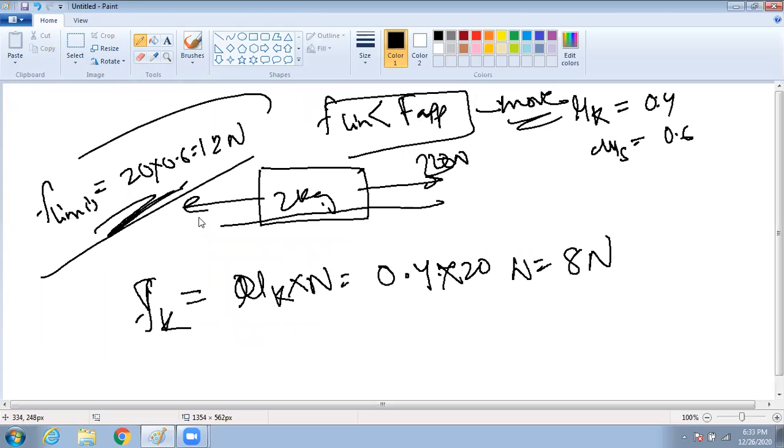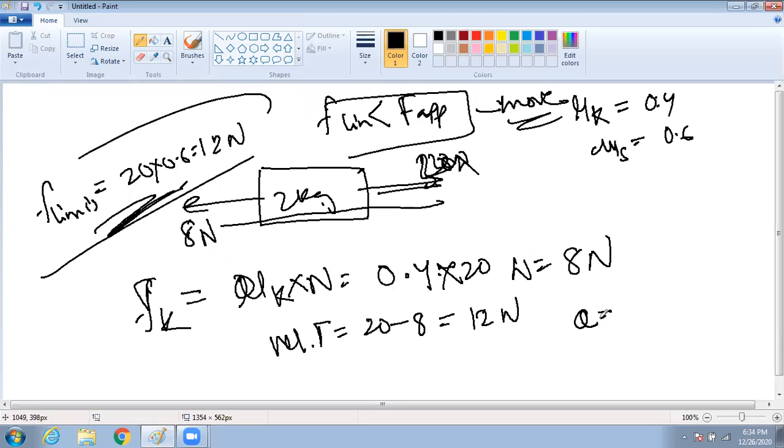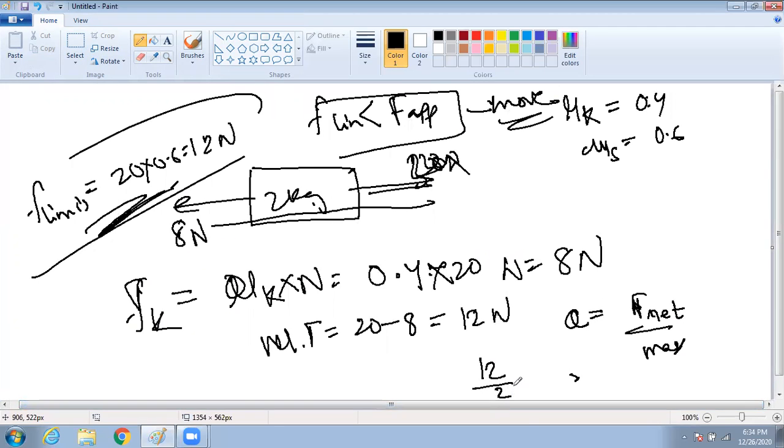Now Fk this side is 8 Newton, force this side is 20 Newton. So the net force will be 20 minus 8, that is 12 Newton. So what is your A? F net divided by mass. F net is 12 Newton, mass is 2 kg. So 6 meter per second square.